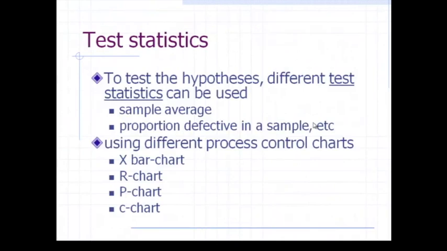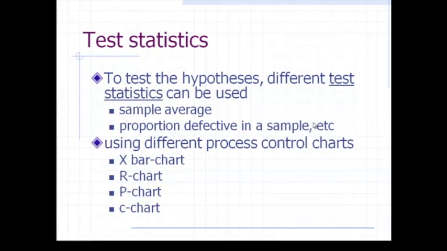Now the next question is: for each sample, as I mentioned, we need to get some samples. Then with the samples, which number do you have to use to test the hypothesis? In many cases, people use the average of each sample. But it does not have to be the average. It could be the range, or the proportion of defects, or also the number of defects.